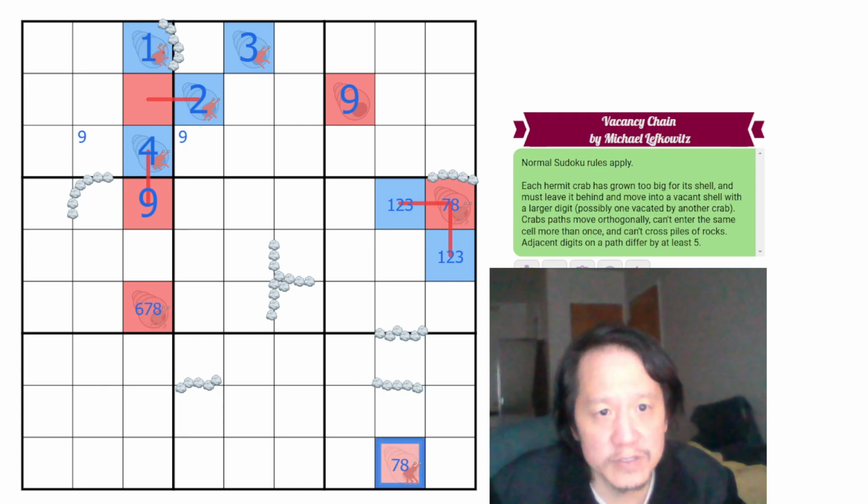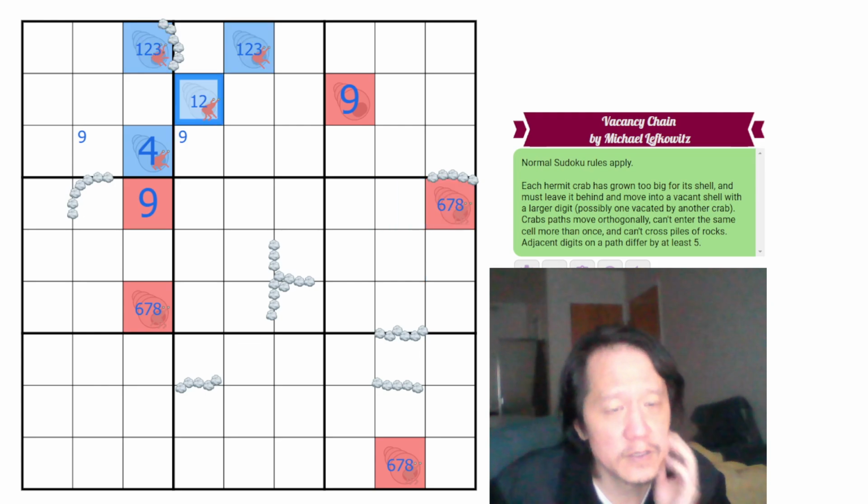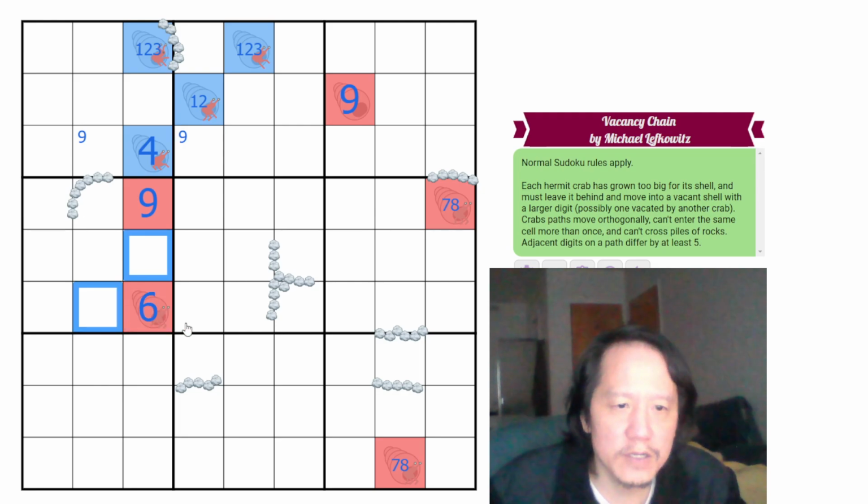This has to be a 6. Which means my previous something about this was incorrect. But yeah, this can't be 6 because this would have to be next to a 1 and a 1. Same problem here. This could be next to a 1 and a 1, which means this has to be the 6.